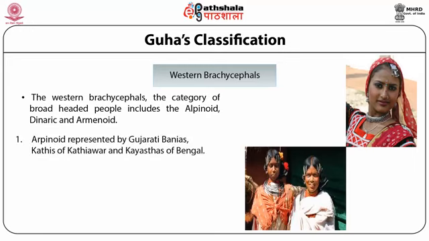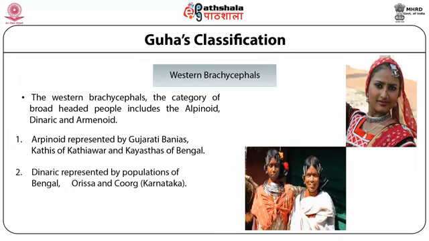Alpinoid characteristics of this type include broad head with rounded occiput, prominent nose and round face. Their complexion is lighter than that found among Mediterranean. Body and facial hair are plentiful. Body is strongly built. They are represented by Bania of Gujarat, the Kathi of Kathiawar, and the Kayastha of Bengal.